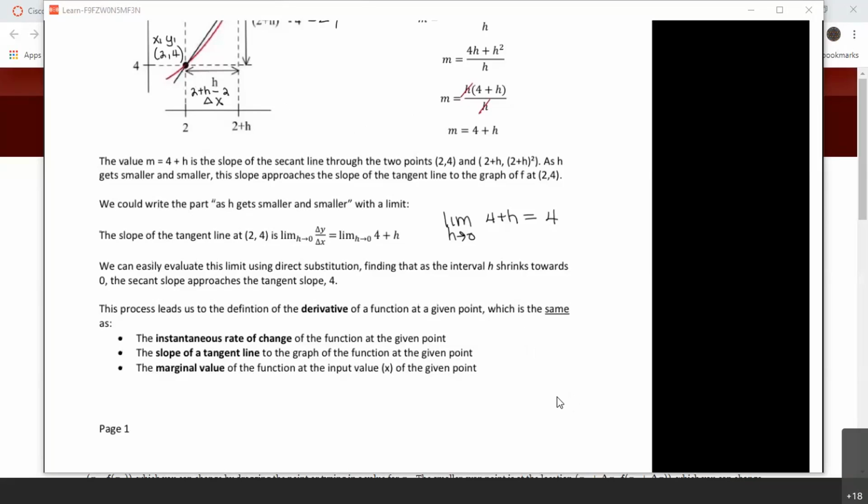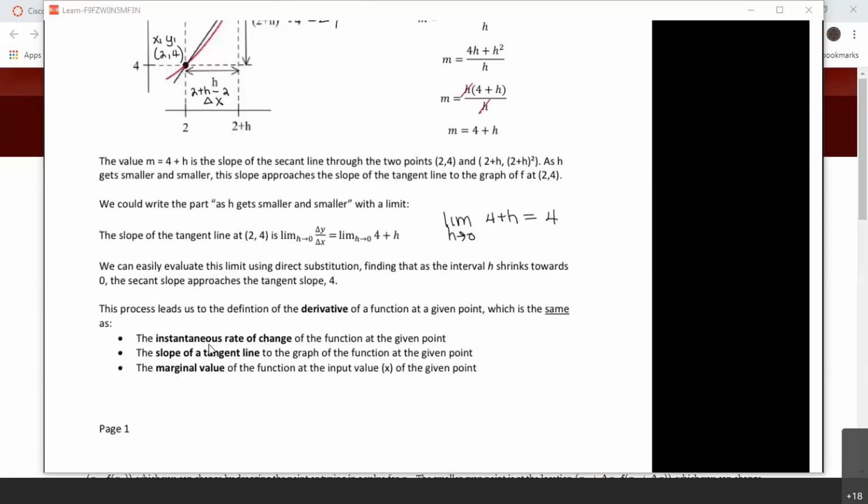Now what we just figured out together is the derivative of that function, y equals x squared, at the point 2, 4. The derivative of a function at a point is the same thing as the instantaneous rate of change of the function at that point.